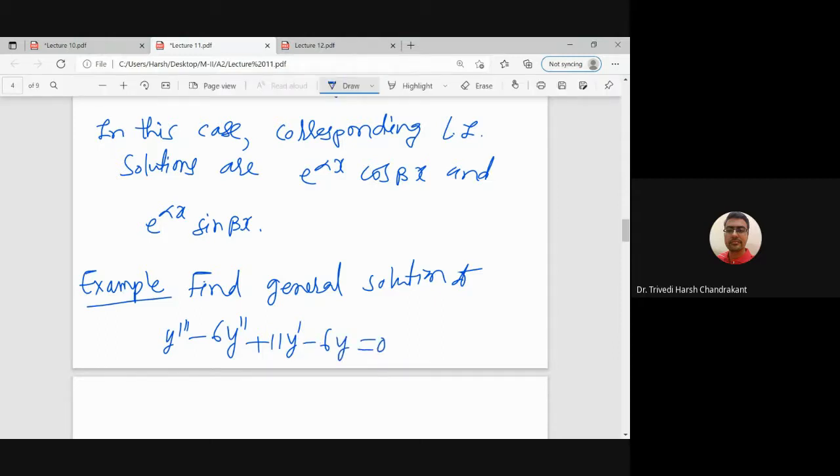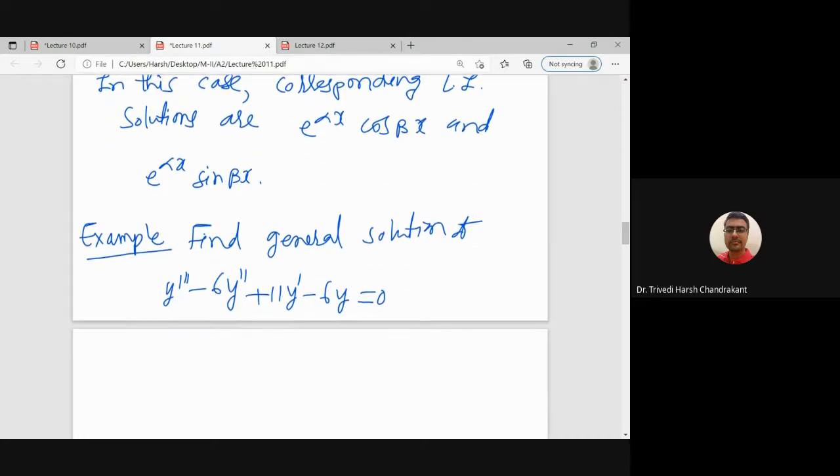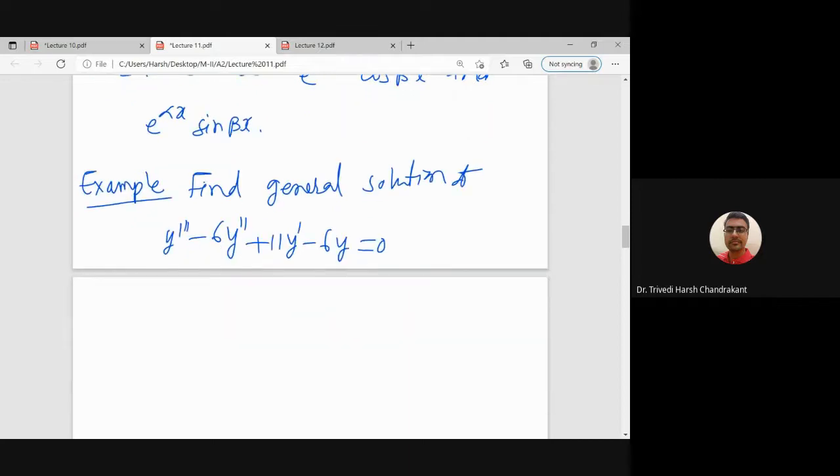So this is a third order differential equation. That means we need to find 3 independent solutions.